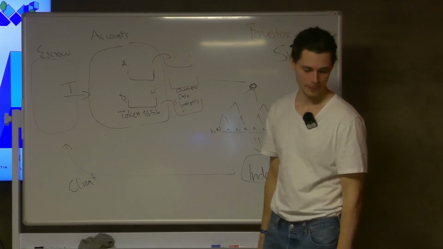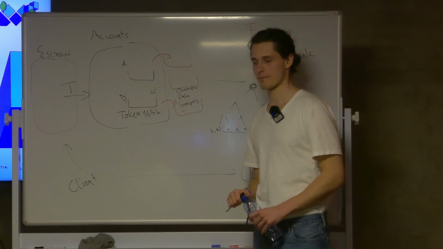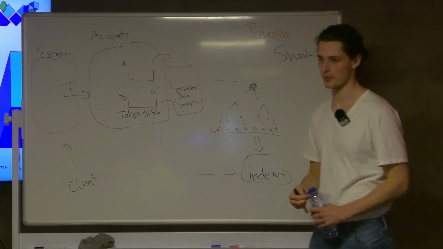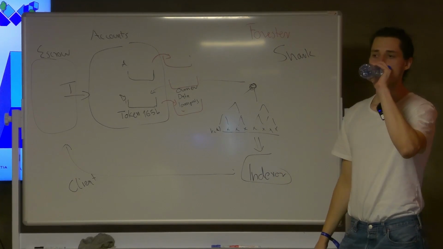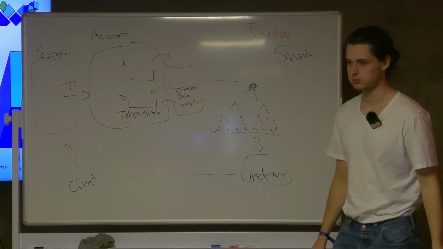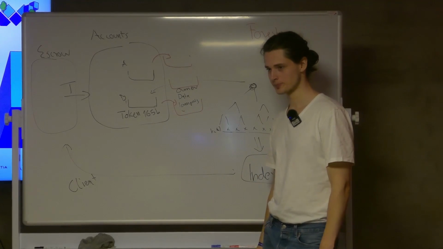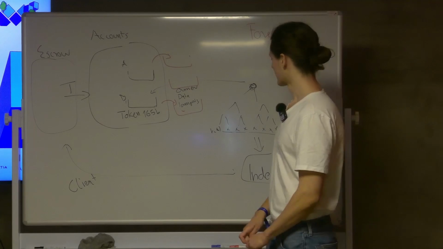Yeah. If I send, let's say, from one account to another, and both are in the compressed state tree, would the indexer provide me Merkle proofs for both? Good question.